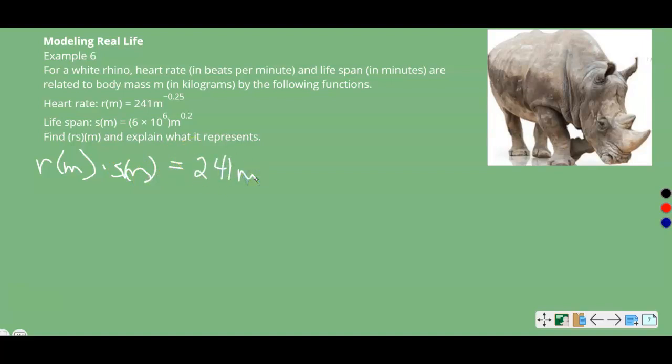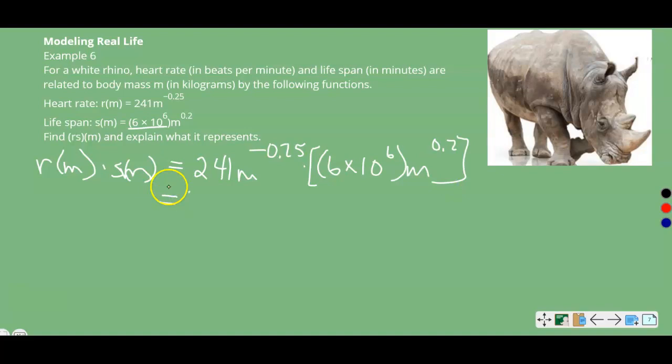So 241 m to the negative 0.25 power. And then we're going to multiply that. I'm going to use brackets since this is already in parentheses here. So 6 times 10 to the 6th power times m to the 0.2 power. All right, so that shows that we're going to multiply all of that.